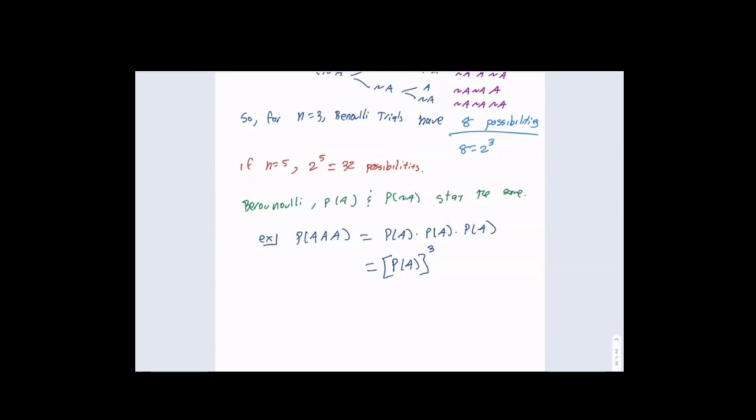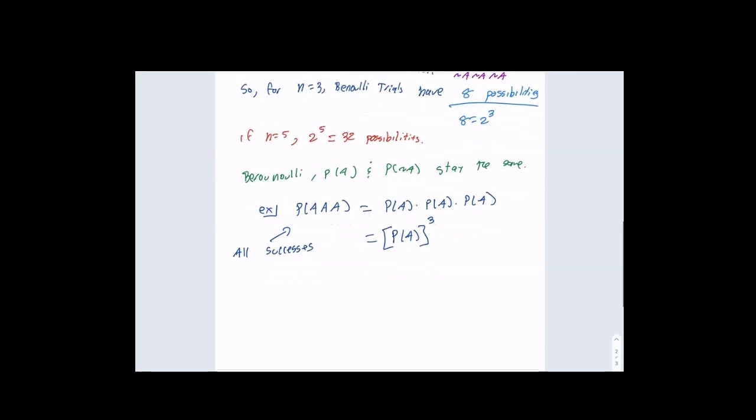Now, this is known as all successes. So what's the probability that you have all successes? You get what you want every single time. It'd be A times A times A, the probability of A to the third power. If I said, what is the probability of not A, not A, not A?